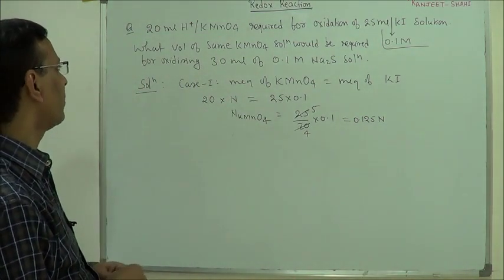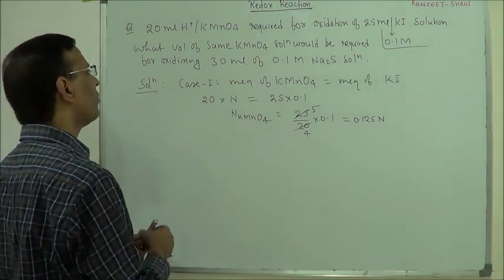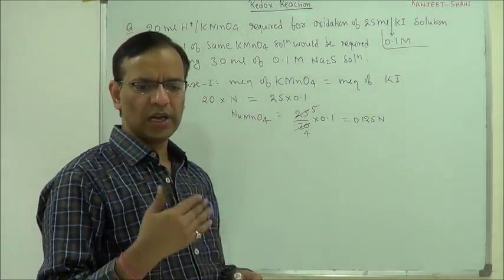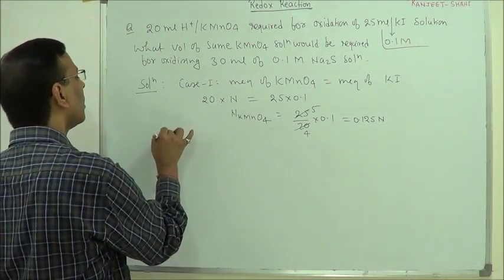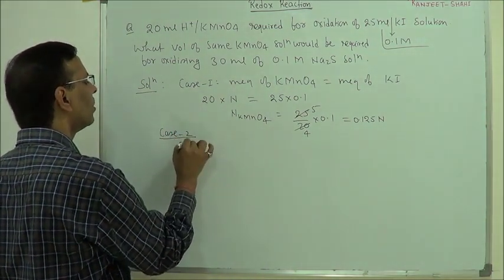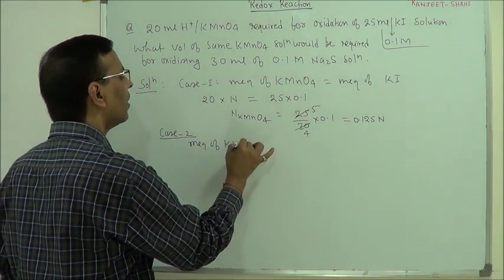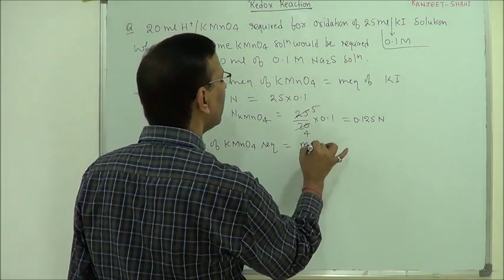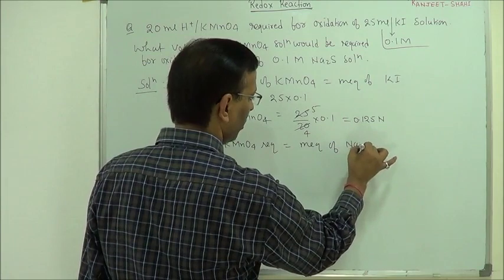In the next case, KMnO4 is reacting with sodium sulfide, where sulfide will be oxidized to SO2. So in case 2, milliequivalent of KMnO4 required is equal to milliequivalent of Na2S.